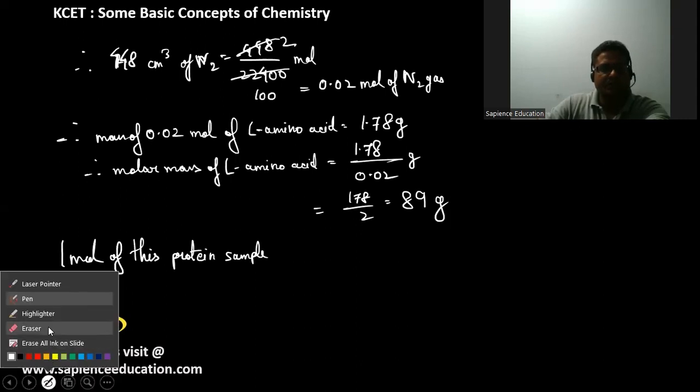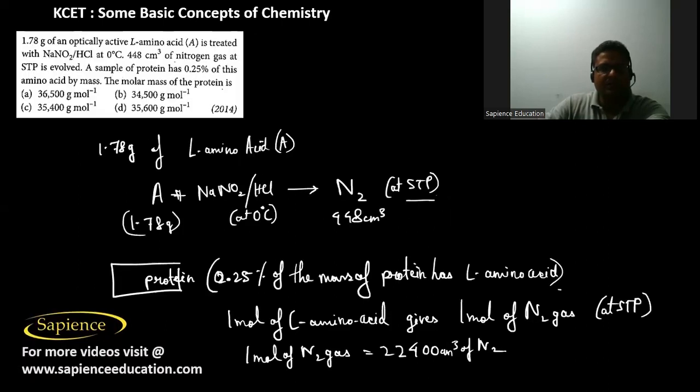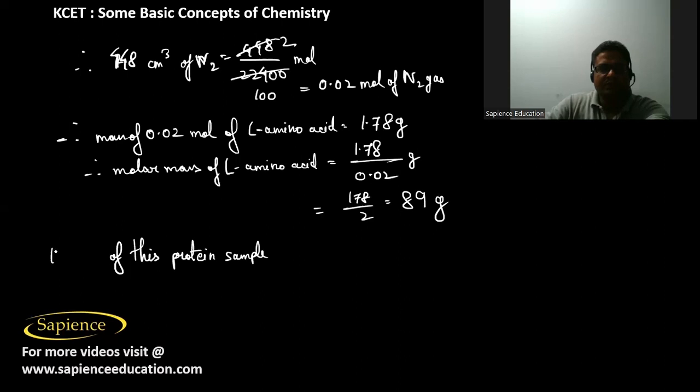Here it is told that the protein sample has 0.25 percentage of its mass as L amino acid. So therefore 100 gram of this protein sample has 0.25 gram of this L amino acid.